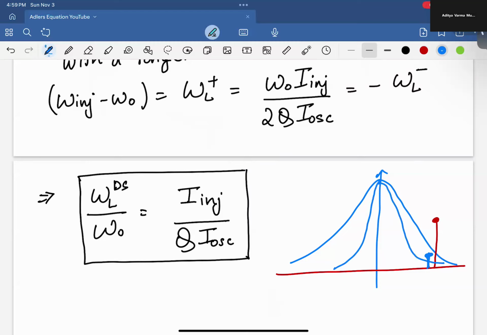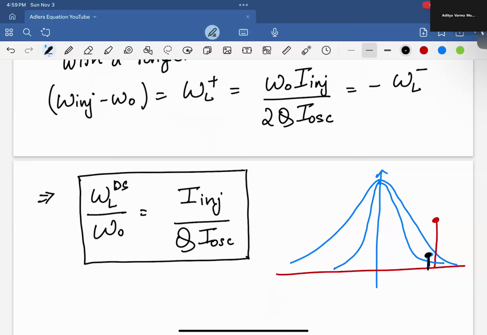And now even with a weaker signal, you can lock it, right? So now this signal is above the phase noise. So that's the intuitive picture, I guess. And of course, it depends on the ratio of I injection to I oscillation, right? So if your oscillator is very strong, with huge amplitude variation in the oscillation, then the injected signal has to be even stronger to lock it.